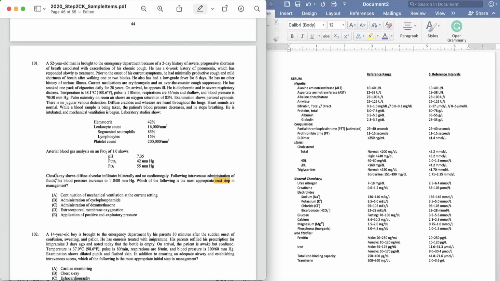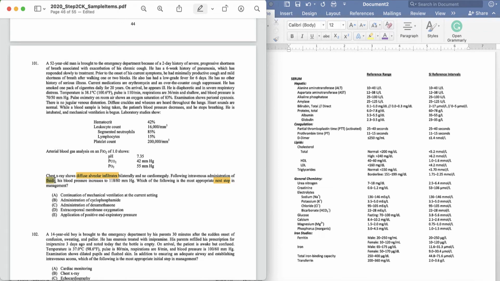It says here, the chest x-ray shows diffuse alveolar infiltrates bilaterally, no cardiomegaly. Following intravenous administration of fluids, blood pressure increases to 118/80. So right over here, I'm just going to quickly highlight diffuse alveolar infiltrates, and it looks like they gave him fluids.